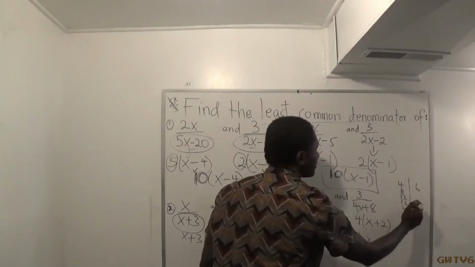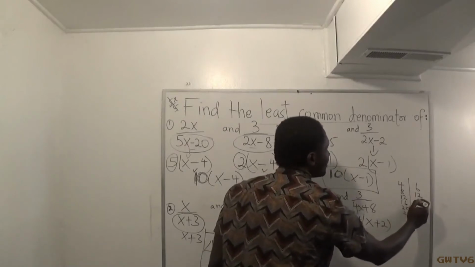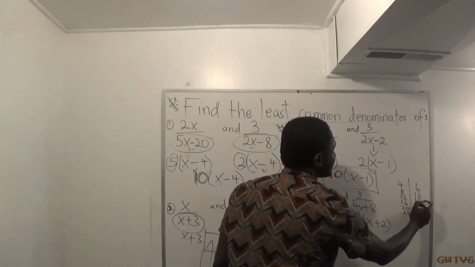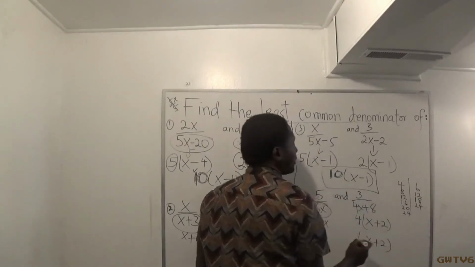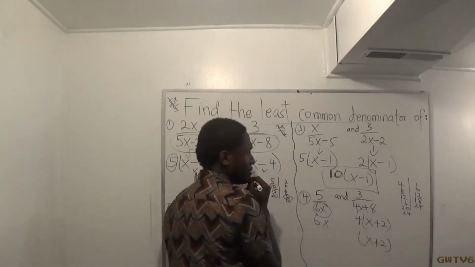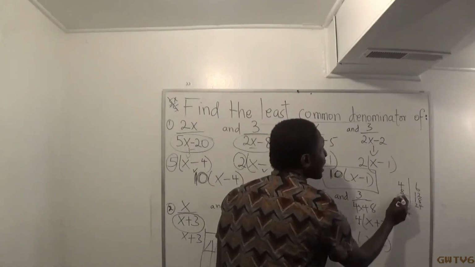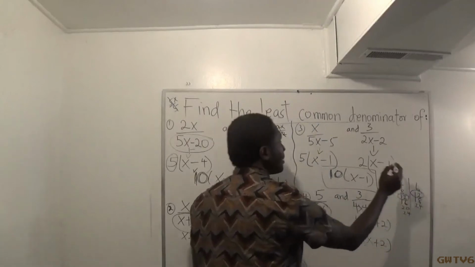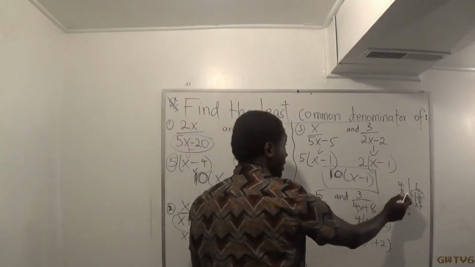Let me do this side too. 6 plus 6 is 12, plus 6 is 18, plus 6 is 24. Let me stop a little bit. What is my first number that is on this side and is also on that side? That first number that is common is the 12. So between the 4 and 6, the LCD is 12.